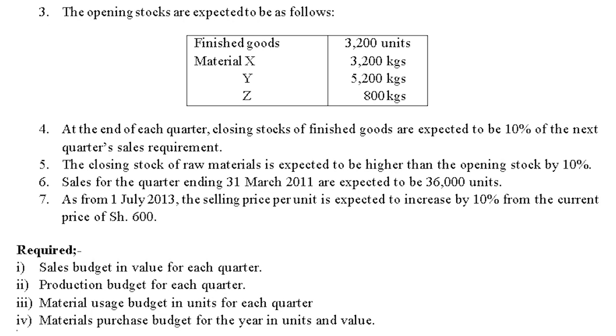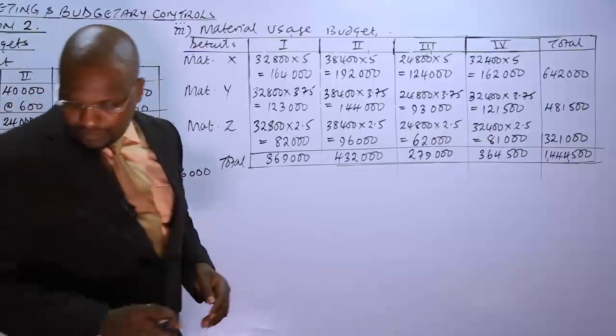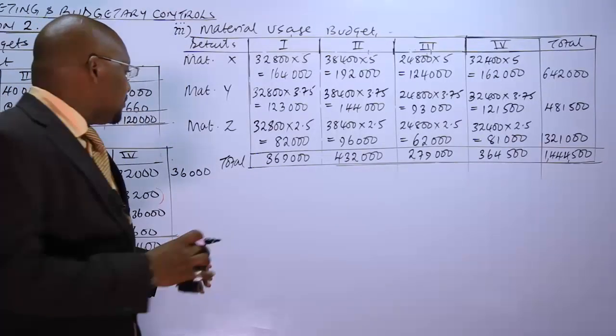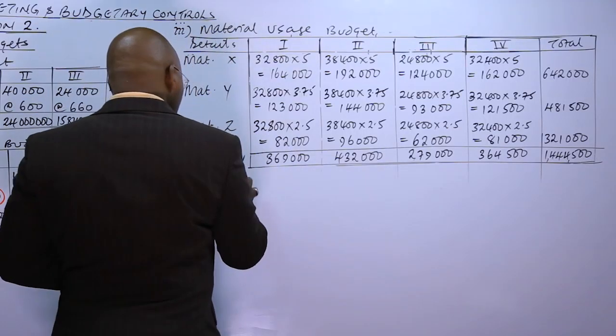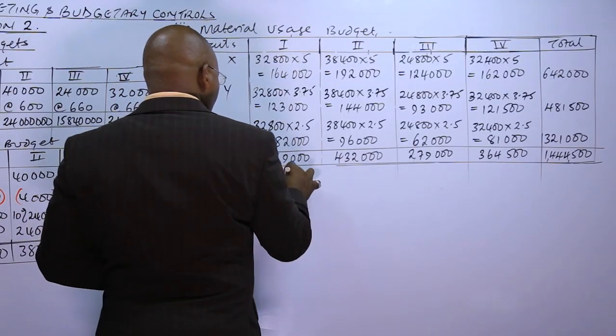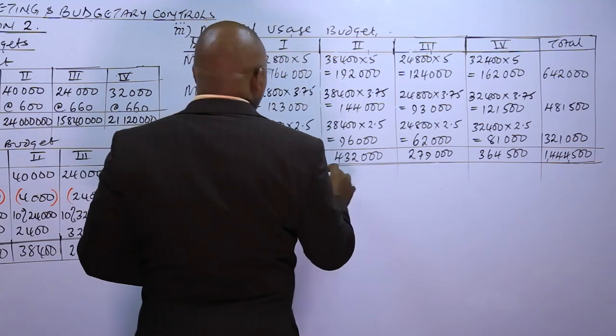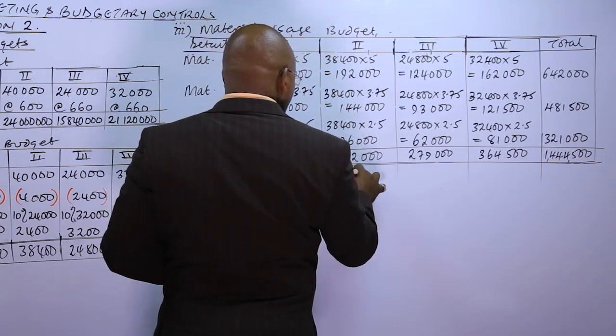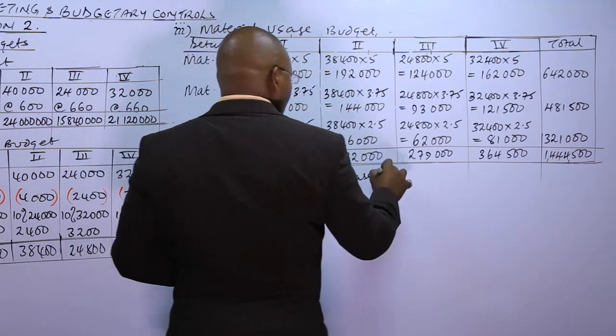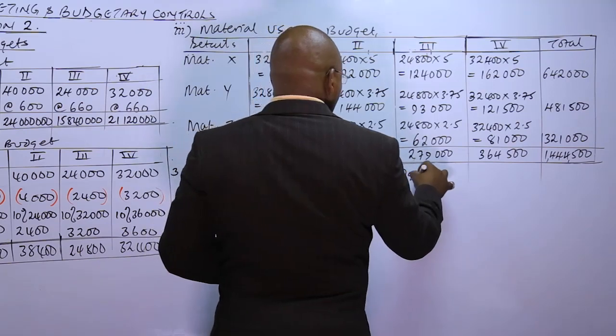Very important. But now the requirement lastly is materials purchased budget for the year in units and value. So for the year and in value, we can just multiply as follows. This is Roman 4. We have the material purchase budget.